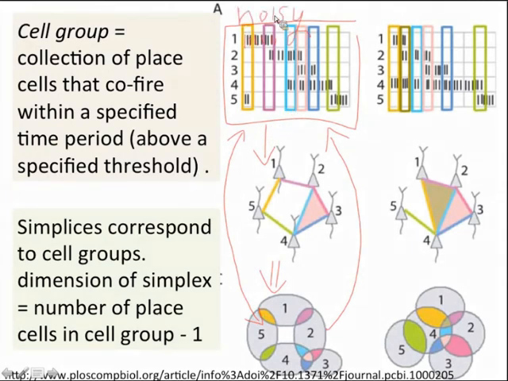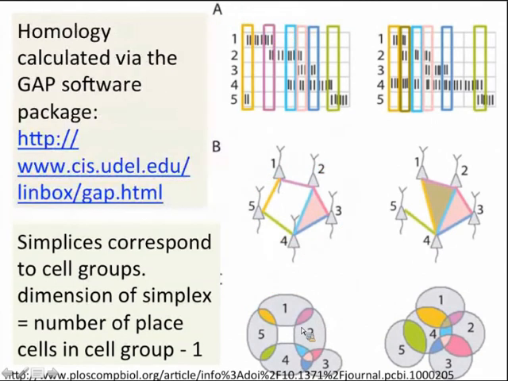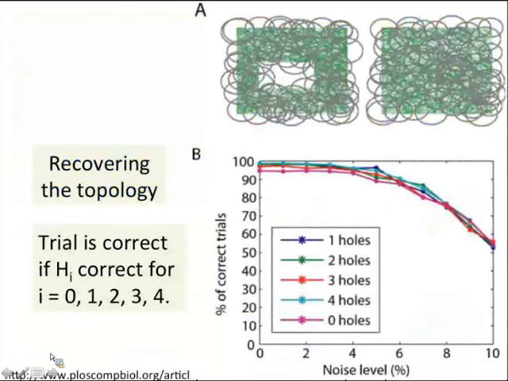With the added noise, the question is, can you still generate the correct topology that corresponds to your environment? The answer is, they calculated the homology using GAP software. So if you want to write your own programs, you might consider using some of the packages within GAP. And so this is basically recovering the correct topology.